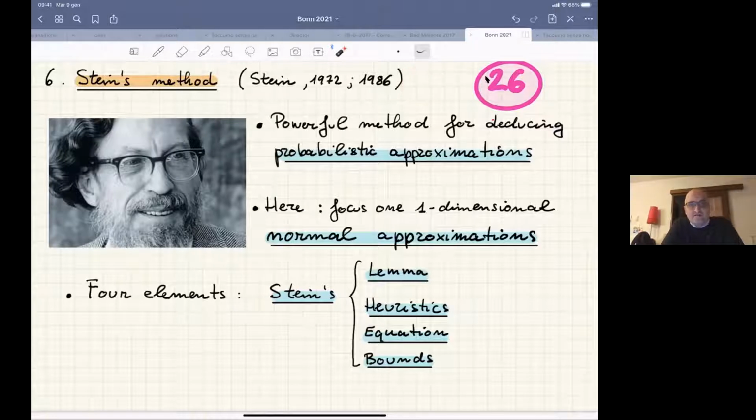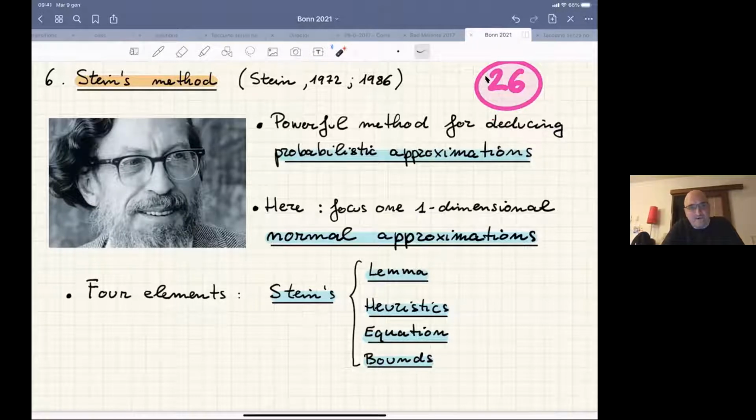So Charles Stein is one of the towering figures of mathematical statistics and probability. The James-Stein estimator, the Efron-Stein inequality, the James-Stein paradox, everything Stein in statistics comes basically from Charles Stein. So it was truly an innovative thinker.